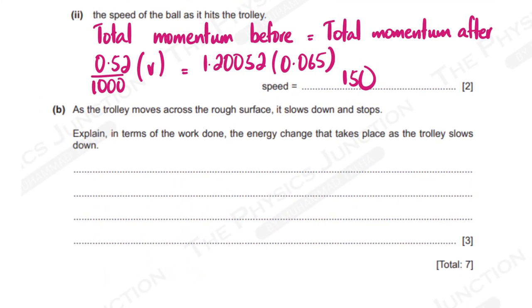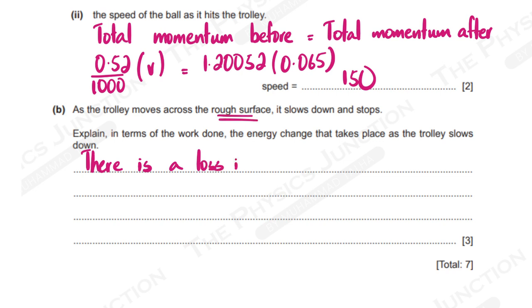As the trolley moves across the rough surface, it slows down and stops. Explain in terms of work done the energy change that takes place as the trolley slows down. So we know that as it's slowing down, we would say there is a loss in kinetic energy, and we also know the reason for this.